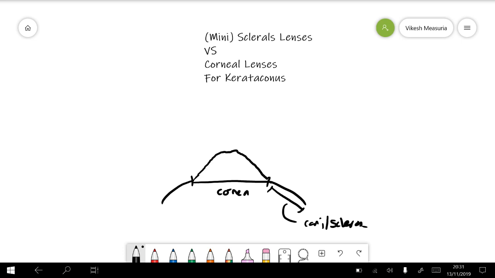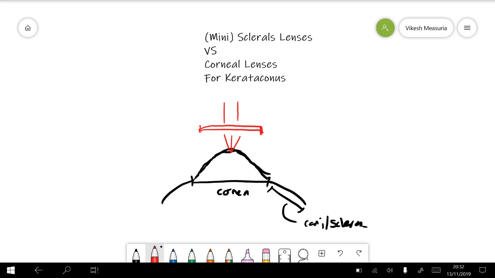Essentially, a cornea that's got keratoconus is quite steep and irregular centrally. So when we typically try to fit a pair of glasses or traditional contact lenses to this eye, there are too many light rays hitting stray points across it, so we can't get a clear image.